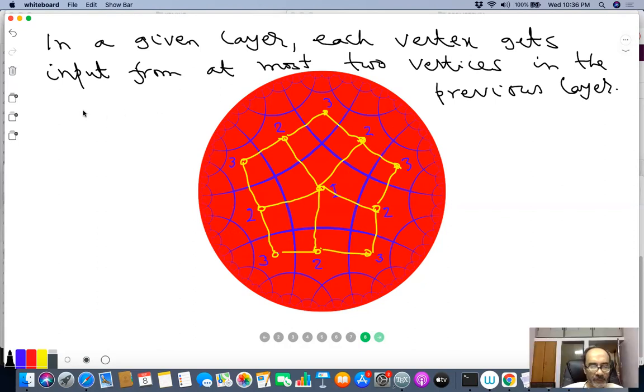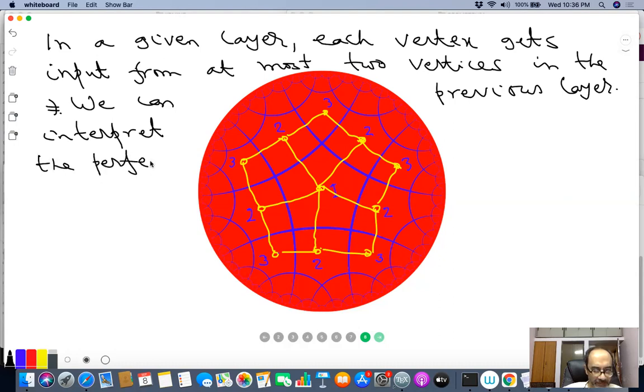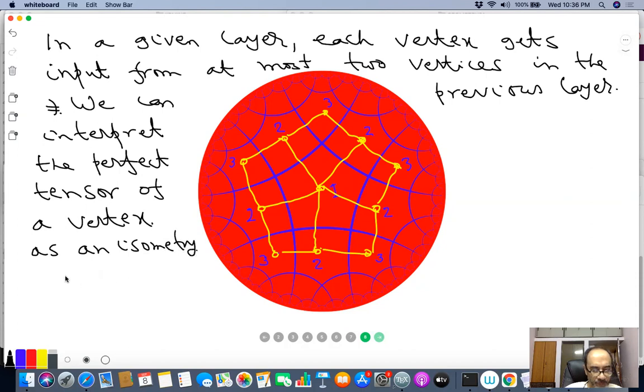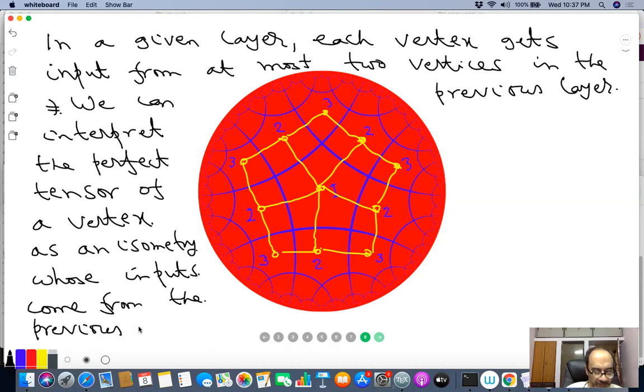So using this, we can interpret the perfect tensor of a vortex as an isometry whose input come from the previous layers and the bulk point.